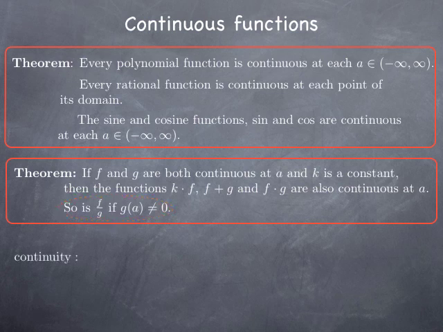Now, continuity here is really just preservation of limits, right? It says that if x is approaching a, then f of x is approaching f of a. In other words, if a is the limit of x, then you apply a continuous function, and this continuous function is going to preserve limits in the sense that the limit of the image is the image of the limit.